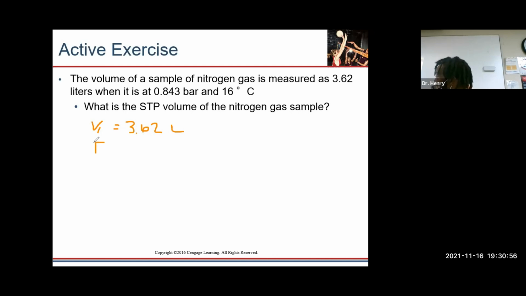What's our T1? Temperature, right? T1 is temperature. Okay. So 16 degrees plus 273.